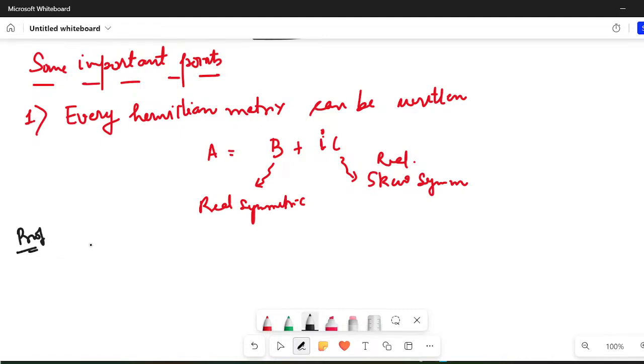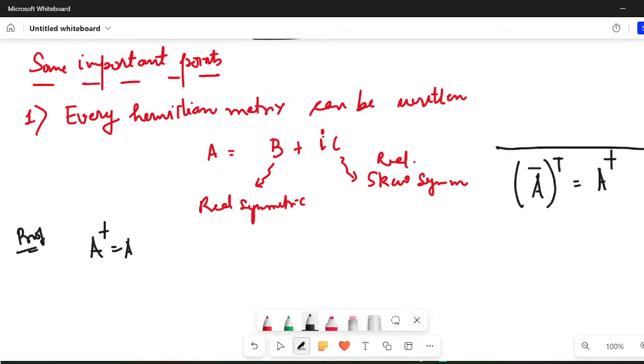So see, if a matrix is Hermitian, then I know that my A dagger would be simply A. What is A dagger? I'm again saying it is nothing but taking the conjugate and then taking the transpose. Basically, this is what is meant by dagger. So A dagger is equal to A conjugate transpose.